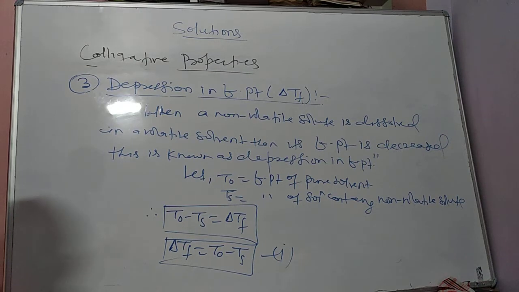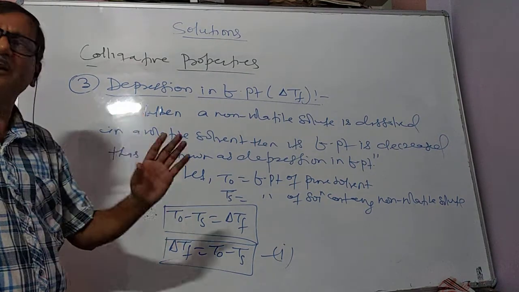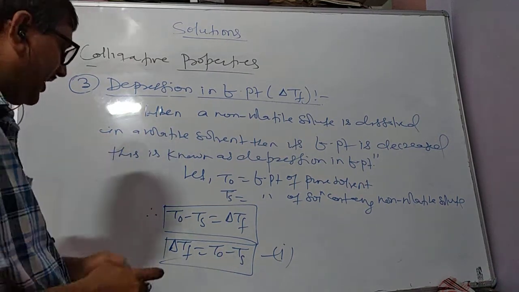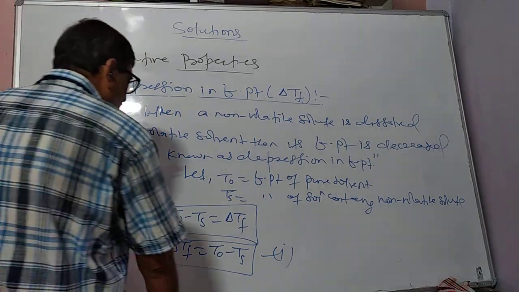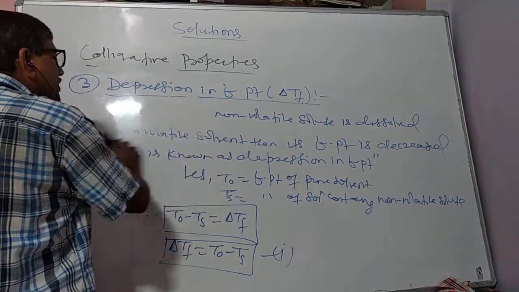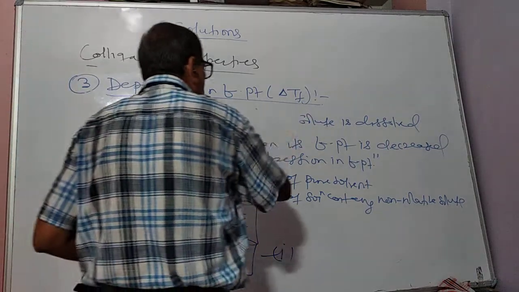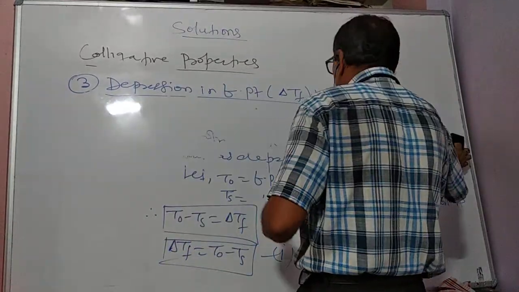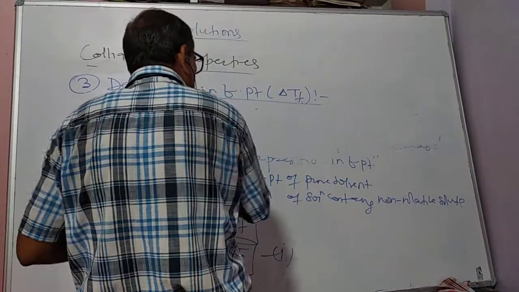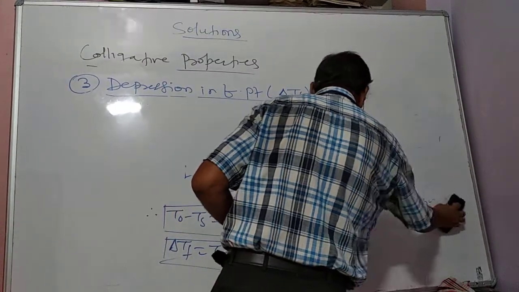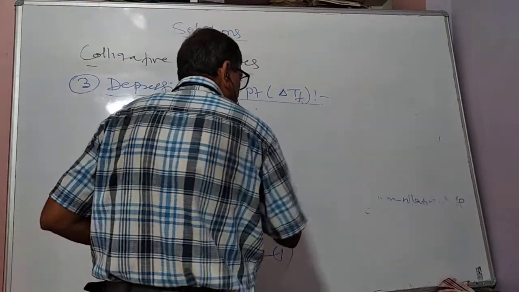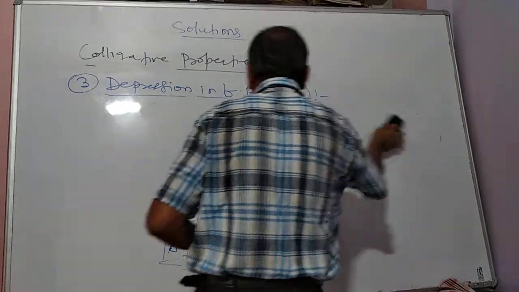Now, in the same way as we discussed elevation in boiling point, the depression in freezing point is also directly proportional to the lowering in vapor pressure. If more and more non-volatile solute is added to a volatile solvent, then more and more depression takes place.